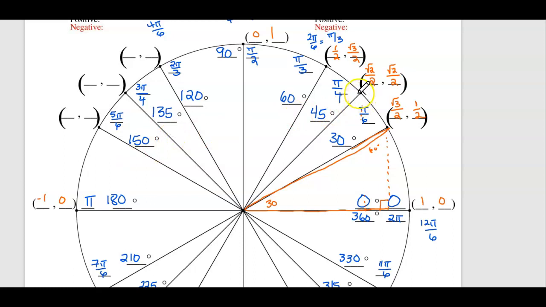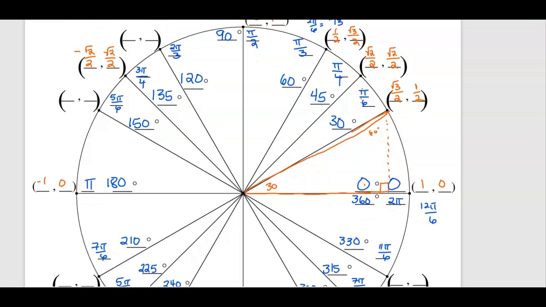Okay, so using symmetry, this is just going to be a reflection over the y-axis. So the x value is going to be negative square root 2 over 2, and the y value is going to be positive square root of 2 over 2 for that 3 pi over 4 angle.